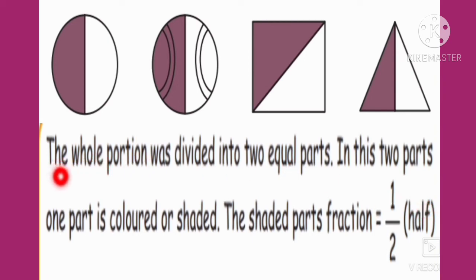So students, here the whole portion was divided into 2 equal parts: 1, 2 in the circle, 1, 2 in the square and 1, 2 in the triangle. In these 2 equal parts, one part is colored or shaded. And what will be the fraction of the colored part? Yes, that is 1/2.